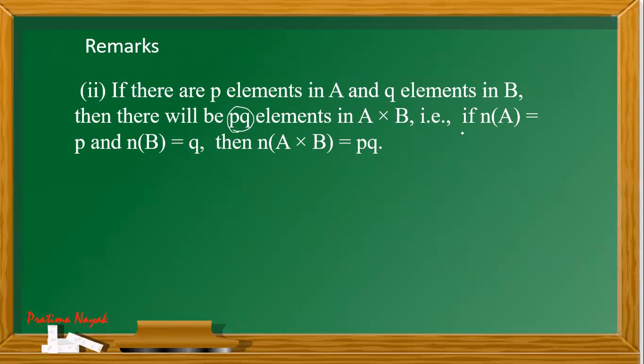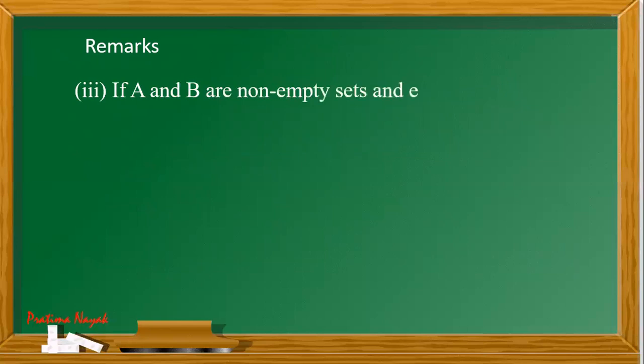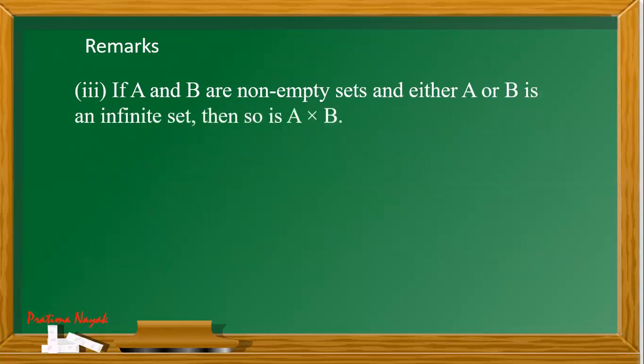It is given n(A) is equal to P, the number of elements in B is Q, so the number of elements in the Cartesian product will be P multiplied by Q. Third, if A and B are non-empty sets and either A or B is an infinite set, then A product B is also non-empty.